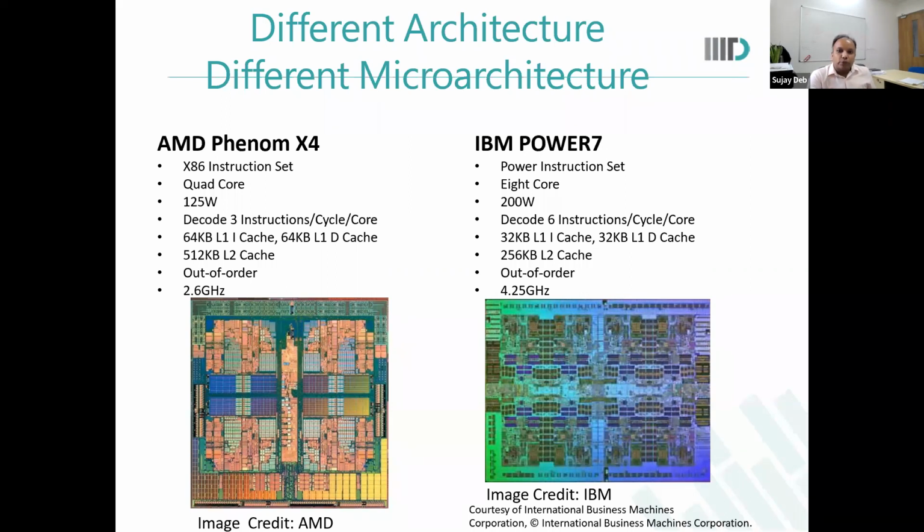L2 cache size is also small, which is 256 KB. This is also an out of order processor, and it can operate at 4.25 gigahertz. So you see that the ISAs are different, the microarchitectures are different, but performance is similar.